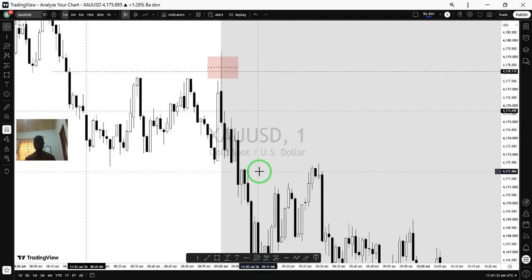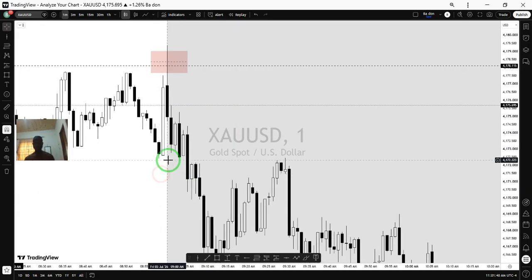And what do we see next? Price did not create any change in the state of delivery, but right here you could see that we have a bullish candle and a bearish candle closing below that bullish candle. So this is a valid change in the state of delivery right here. Now you can see this change in the state of delivery did not come as a result of weakening the POI.